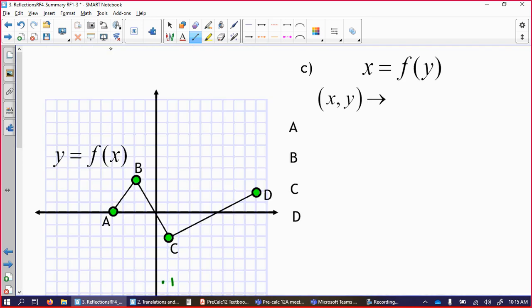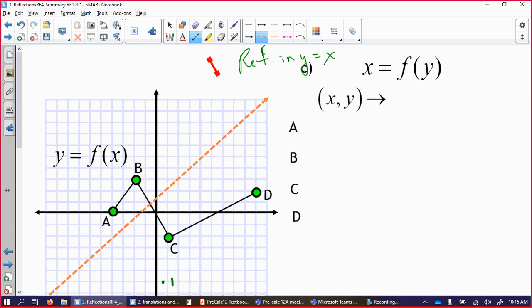Oh, x equals f of y. So this is, whoa, I don't want a line. Let's do this in green for fun. Reflection, y equals x. So I can draw the line y equals x.